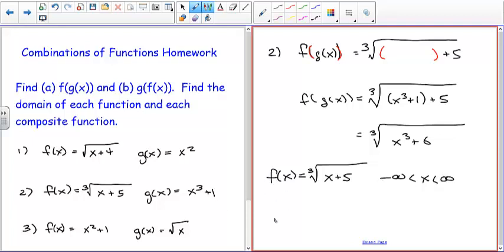And then the second function, g of x, is x cubed plus 1. Well, that's a polynomial, so that's also good for all real numbers.